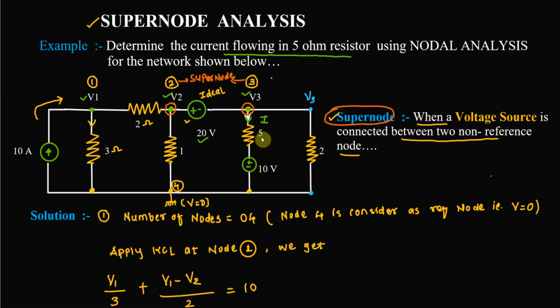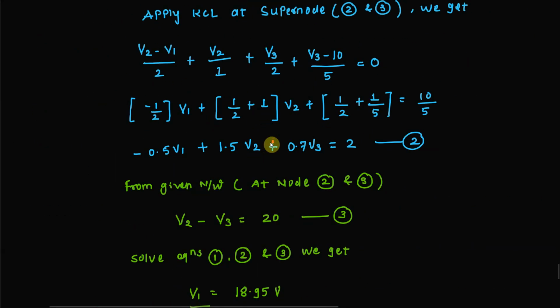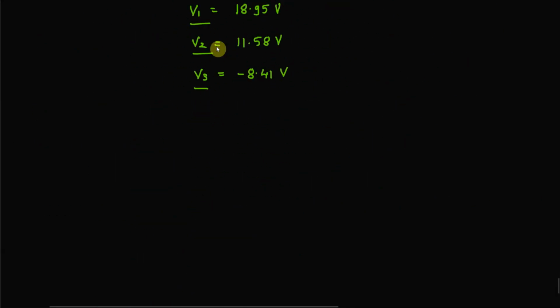So that will be the current flowing through that. So I will simply find out the last portion here, the current flowing through the 5 ohm resistor.